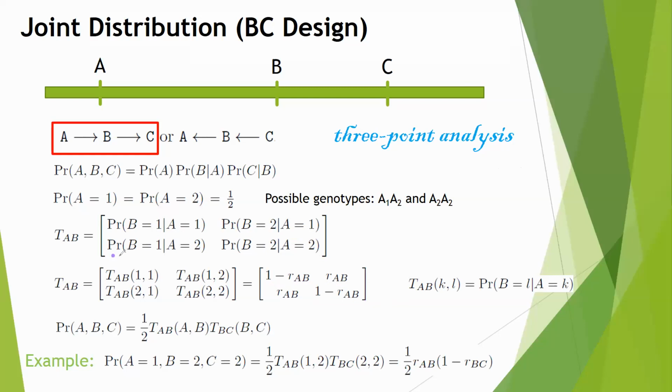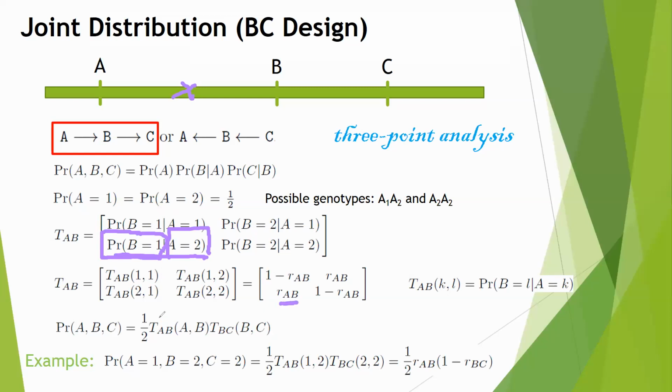All right. So now it should be very straightforward to understand this, right? These two elements in this transition matrix mean, let's look at this. Suppose A takes the second state, the second genotype, at the beginning, and when you move to locus B you see a different state, the first state, the first genotype, which means there's a crossover occurring between A and B, right? And what's the probability?